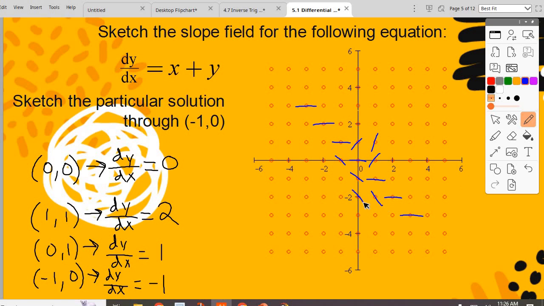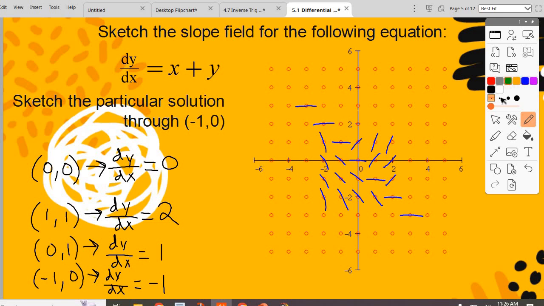And the farther that we come negative, the steeper that we're going to get. And similarly, going the opposite direction, it's just going to get more and more steep going the positive direction.